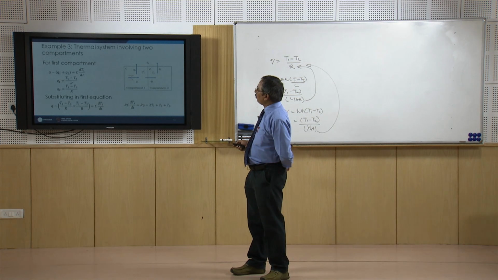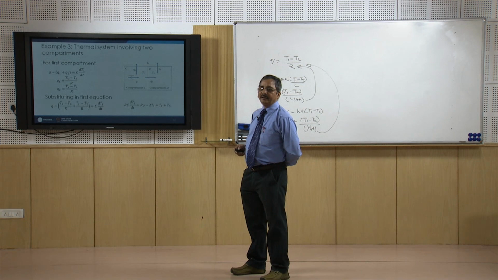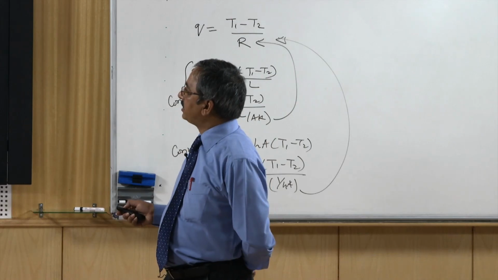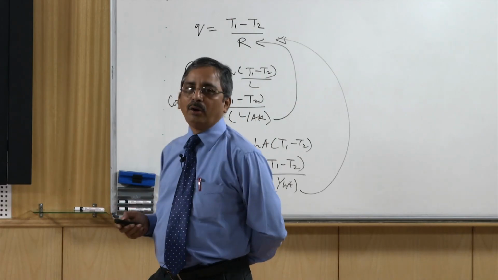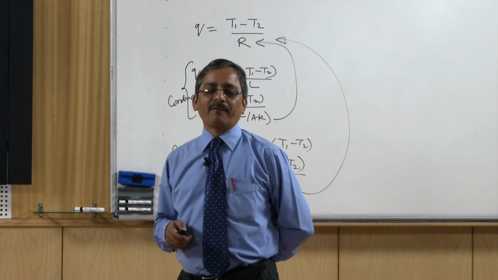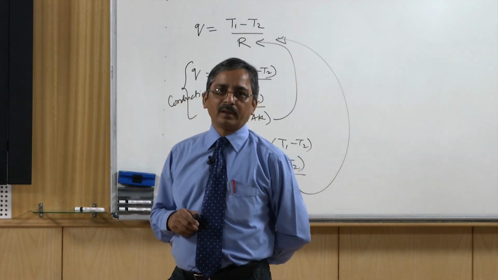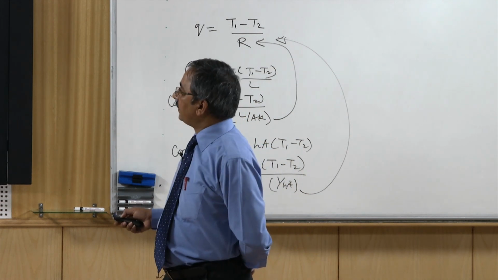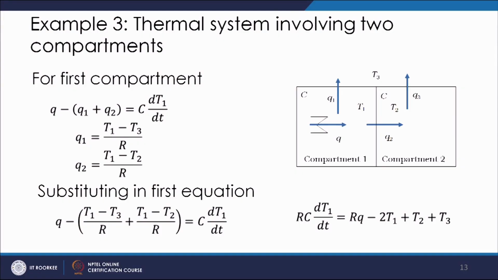Now, remember our Q is the input and the output is T1, that is, I want to know how the room temperature T1 varies with time. So, I substitute for Q1 and Q2 in this equation, and this is what I get: Q minus (T1 minus T3) by R plus (T1 minus T2) by R is equal to C dT1 by dt.